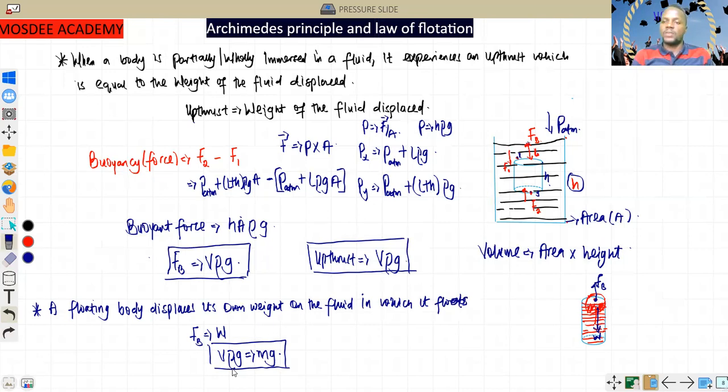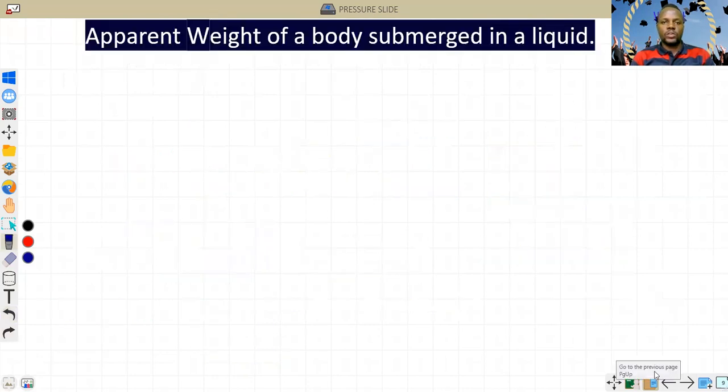So in the next slide, we are going to talk about another important concept: the apparent weight of a body submerged in a liquid. When we talk about apparent weight, we need to let students know that the weight of the fluid displaced when a body is submerged, remember, we call that the upthrust.